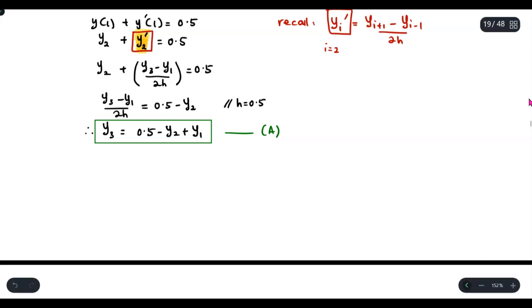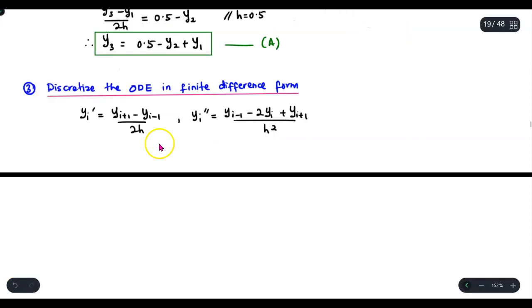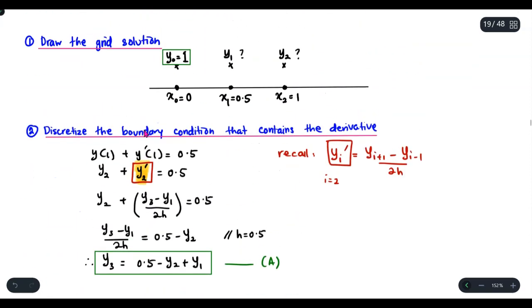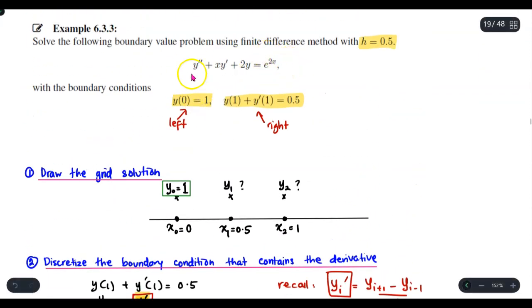So step number 3 is to discretize the ordinary differential equation now. We are going to use these two finite difference formulas to replace the derivative terms in our ODE. So our ODE is this equation here, y double prime plus x y prime plus 2y equals e to the power of 2x.